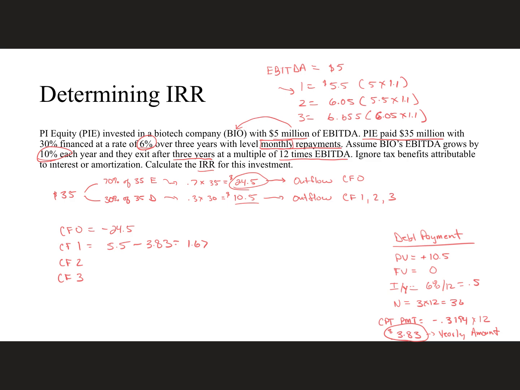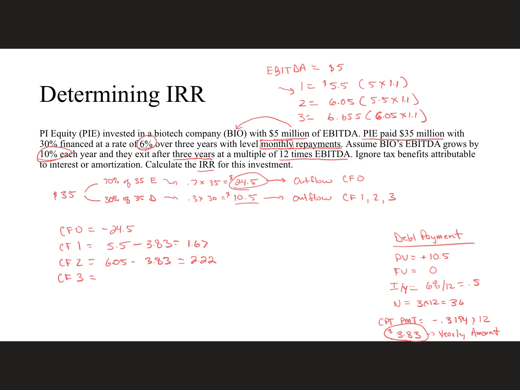In year two, we have our EBITDA of 6.05 minus our 3.83, which leaves us 2.22.